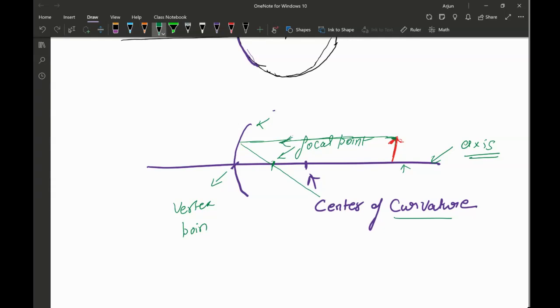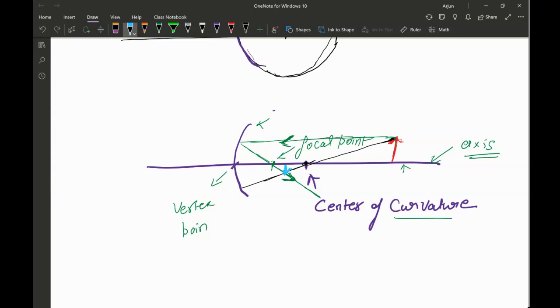So this is how it's going to move in this direction and will pass through the focal point in this direction. And the second ray again will start from the tip of the object and will pass through the center of curvature. And where these two rays meet, I will draw the image at that point. So these two rays are meeting at this particular point. So this is where the image will be formed in this case.